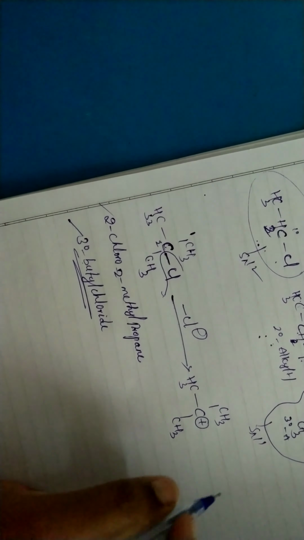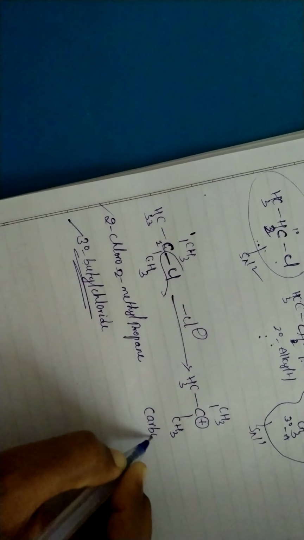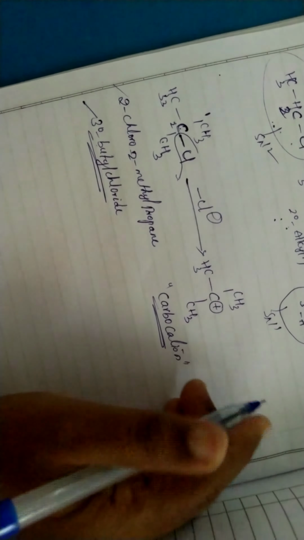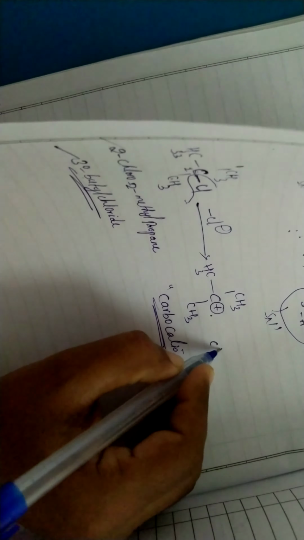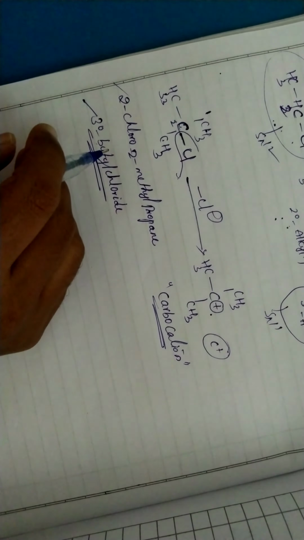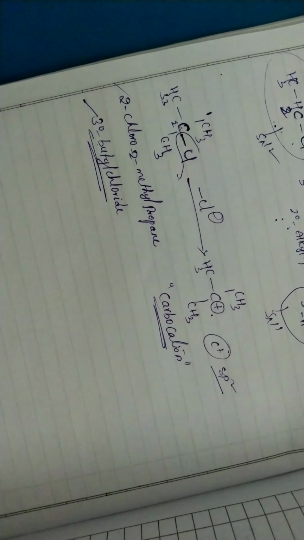If carbon contains a positive charge, that is called a carbocation. C plus is called a carbocation. Generally the carbocation hybridization is sp2 hybridization.